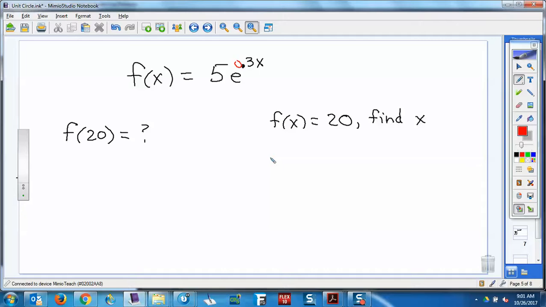So all year long, everything we do is about functions. So what does f of 20 mean? 20 in for x. So I want to see you get in a habit when you're confronted with this to do this, right? Get in a habit of writing that out. Yes, we could then go to our calculator, but get in a habit of writing that out. If you're then going to type it in your calculator, I want to see that on your paper.